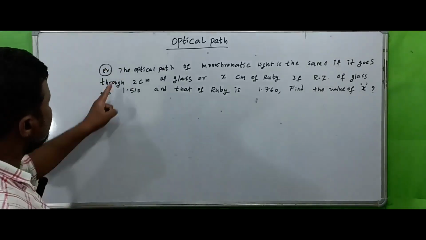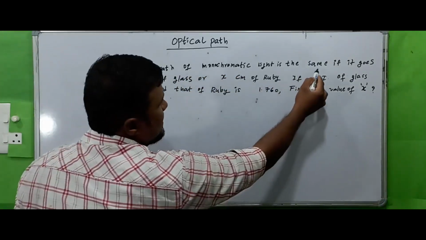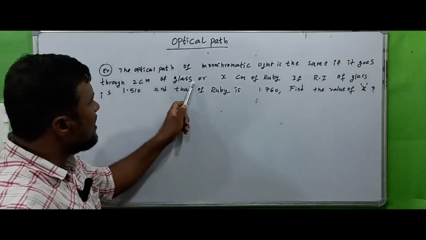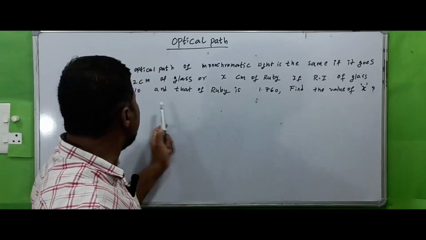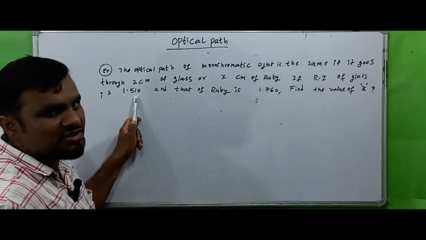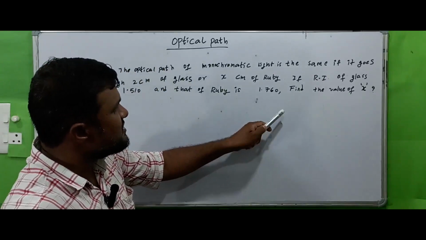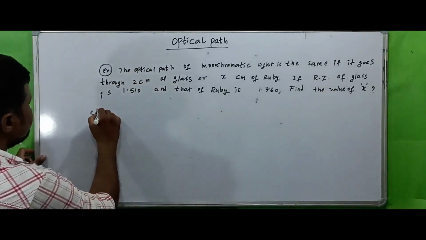Example: the optical path of monochromatic light is the same if it goes through 2 centimeter of glass or x centimeter of ruby. If the refractive index of glass is 1.510 and that of ruby is 1.760, find the value of x. Solution.